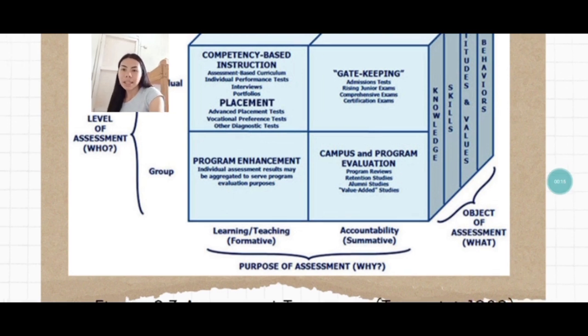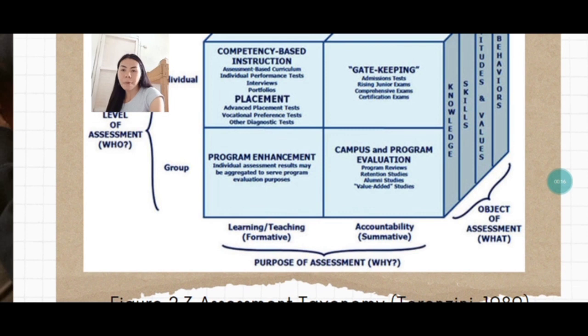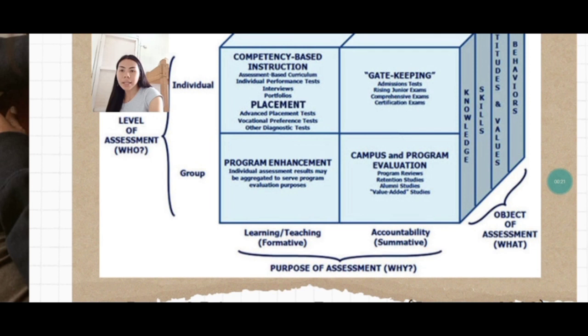The next one is the purpose of assessment, classified into two, which are learning or teaching formative and accountability or summative. Under accountability or summative are gatekeeping and campus and program evaluation. While in teaching or learning formative, these are competency-based instruction, placement, and program enhancement.